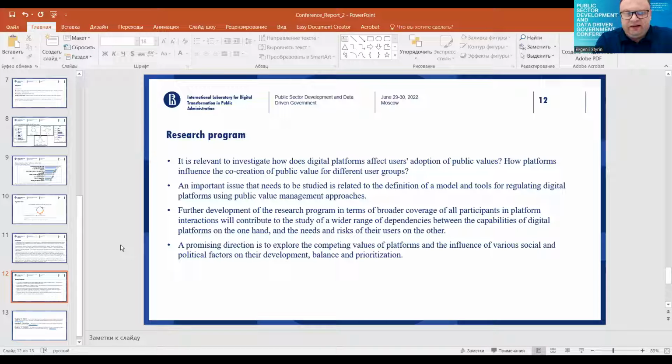We don't present it here, but there is another direction, trying to understand the expenses and economic values of efficiency and effectiveness presented on digital platforms. With this, I want to stop.